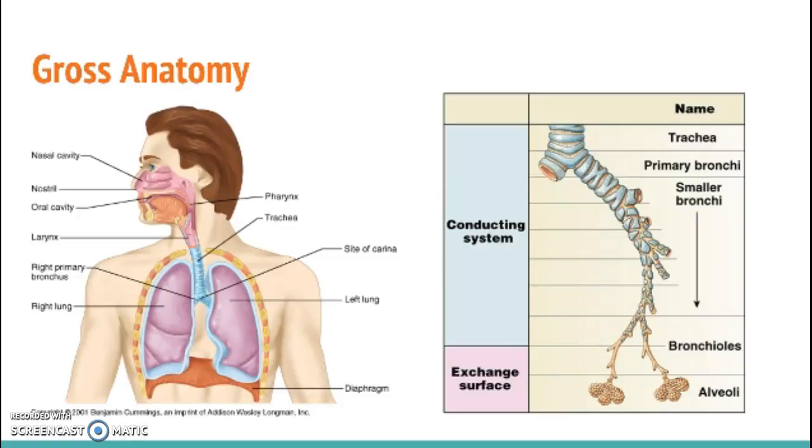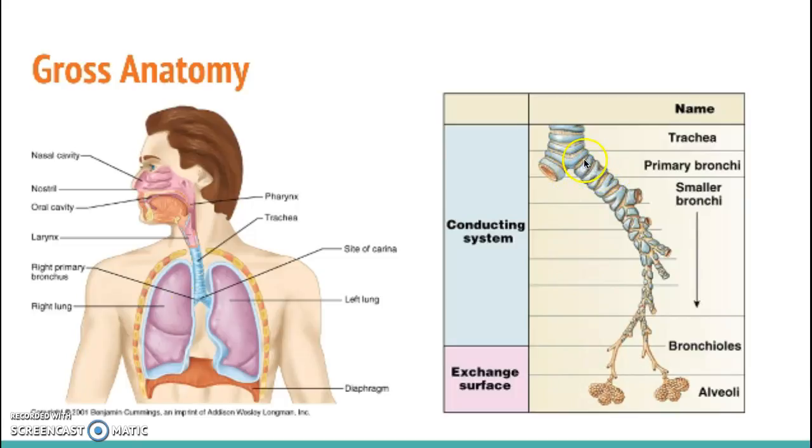From the nasal cavity, it's going to go to the nasopharynx, and then to the oropharynx, and then to the laryngopharynx, where it's going to pass the epiglottis and go past the larynx, and then down to the trachea, where it's going to split into the primary bronchi.